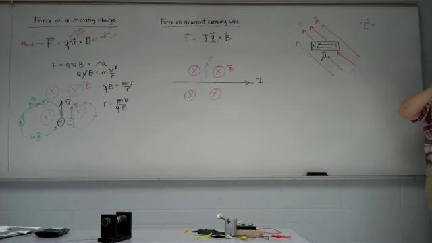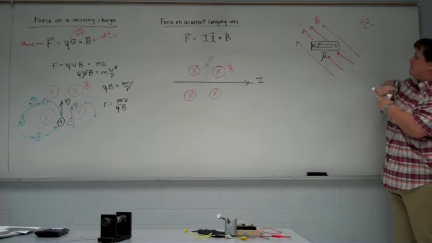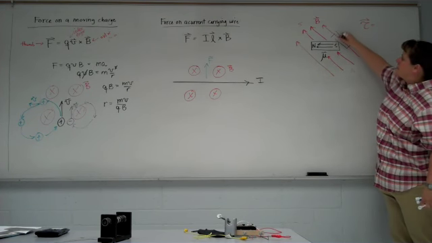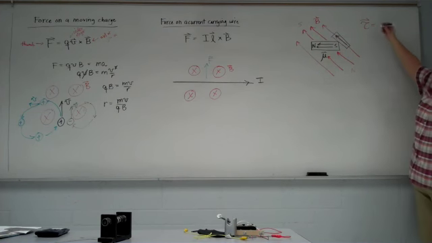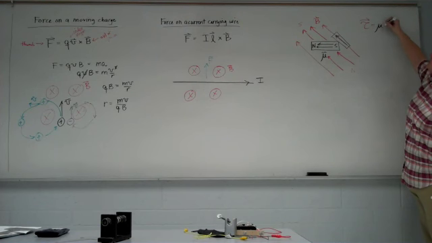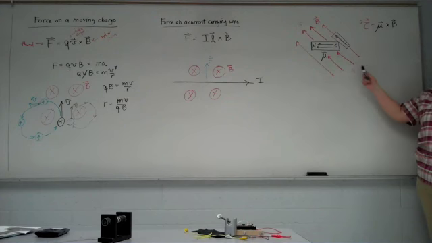It'll twist until the magnet lines up that way. The torque is equal to the magnetic dipole moment crossed with the magnetic field. And again, B there is the external magnetic field, the one created by whatever this magnetic field is created by.